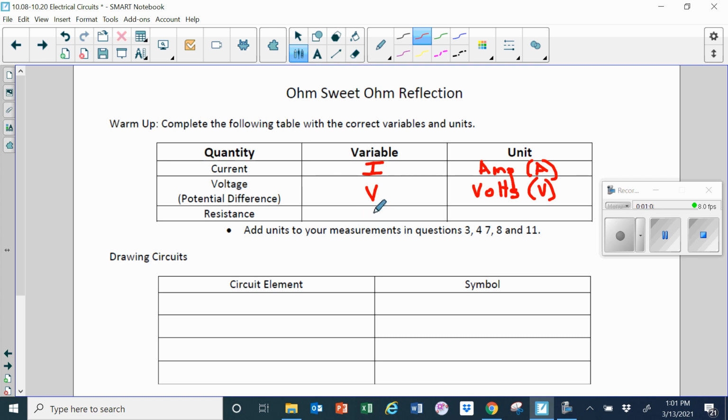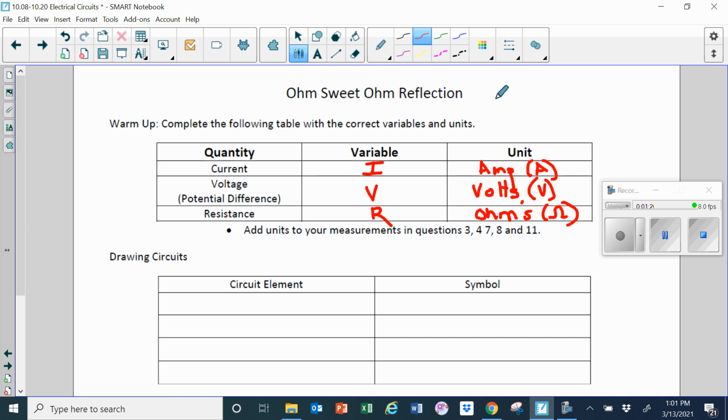Okay, and resistance is R, and it's measured in ohms. Okay, and the abbreviation for ohms is omega.